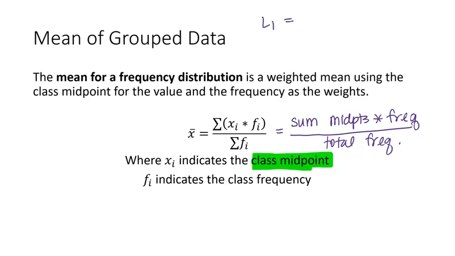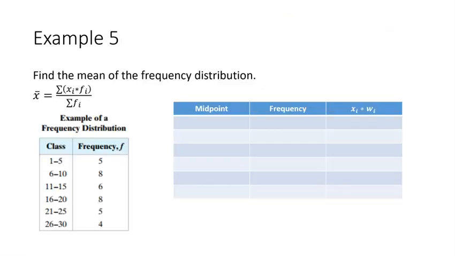Now again, we are going to be able to use our calculator for this. So our first list will be my class midpoints. My second list, L2, are my frequencies from that frequency distribution. So hopefully this example looks familiar. This frequency distribution is one that we pulled from our first example in 1.2. And before we can do anything, I have to find my class midpoints.